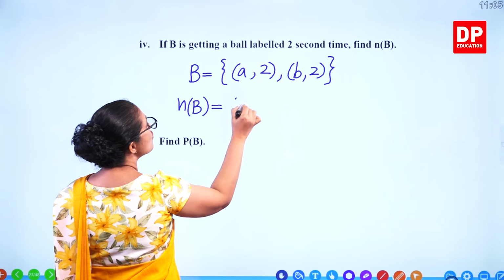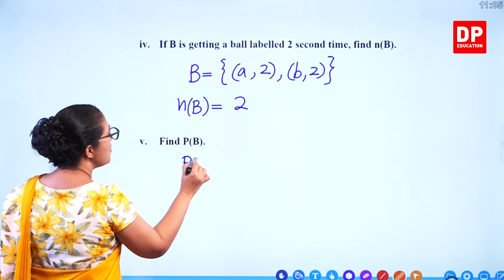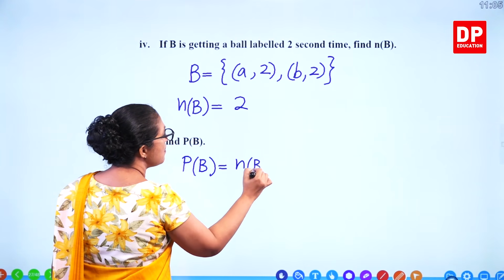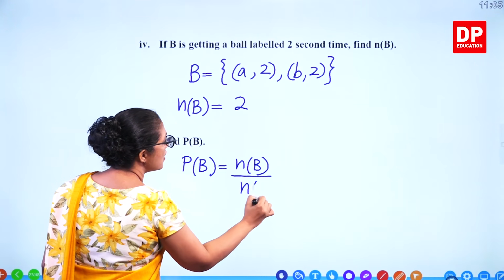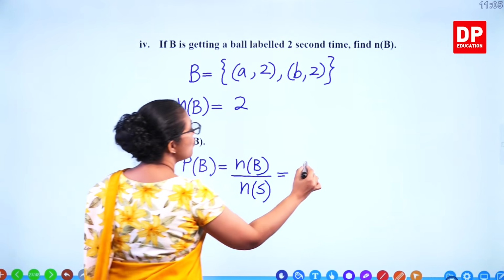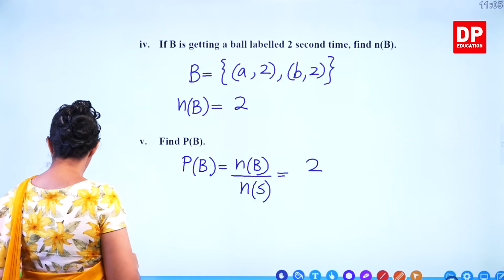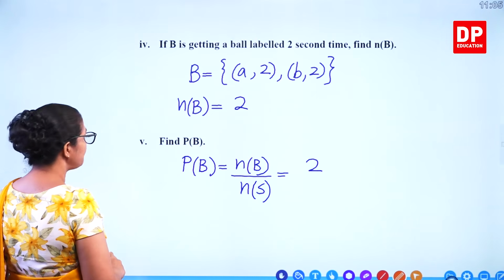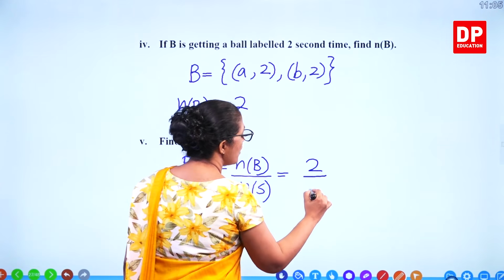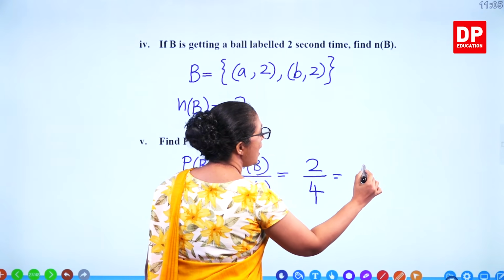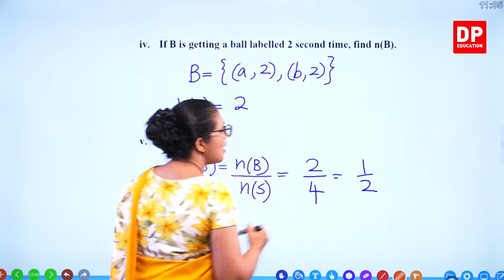NB is 2. So what's the probability of getting B? Number of elements in B over total number of outcomes. That's 2 here. What is NS? NS is 4. So 4 is the denominator. You can divide by 2 and write half.